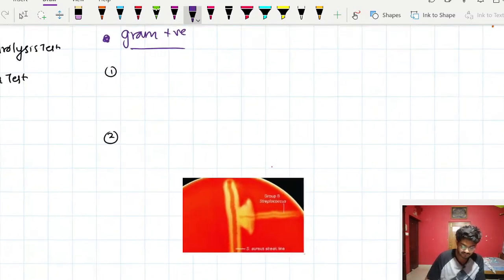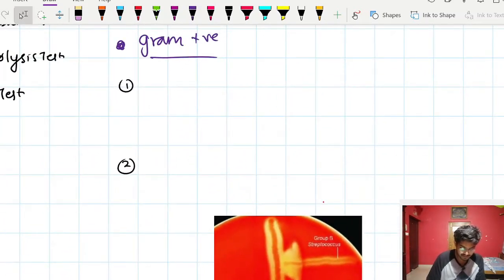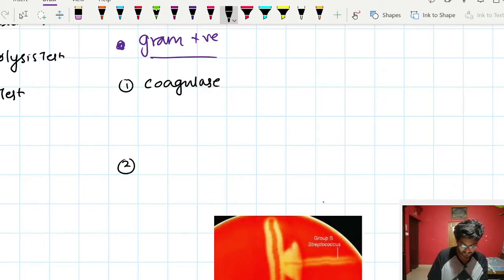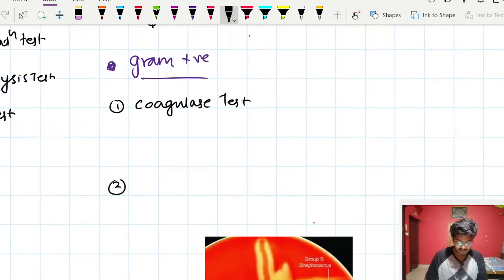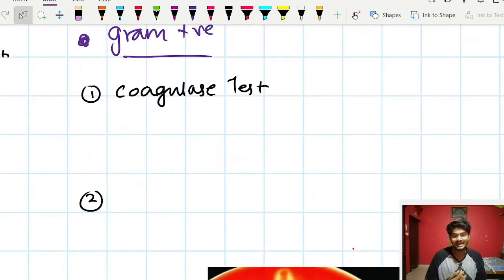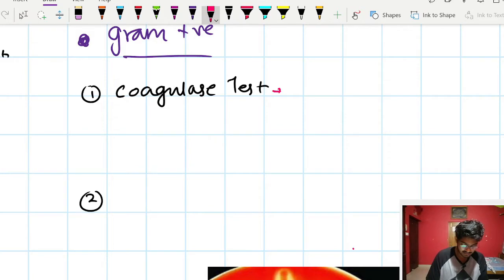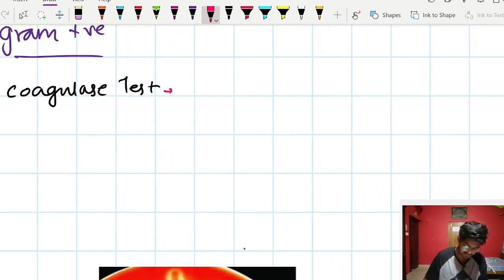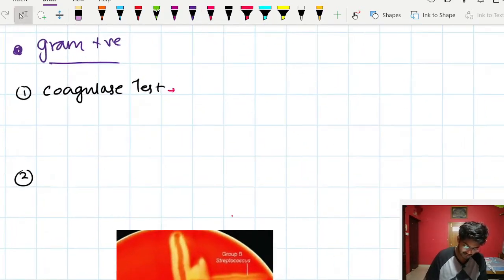Then there are the tests given by gram positive bacteria. The first one is our coagulase test. The name itself indicates what it is. If a bacterium contains the coagulase enzyme, the culture medium will coagulate. For example, Staphylococcus aureus is coagulase positive.